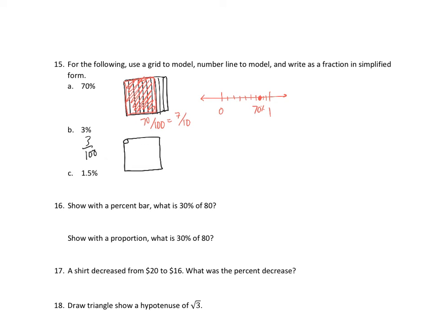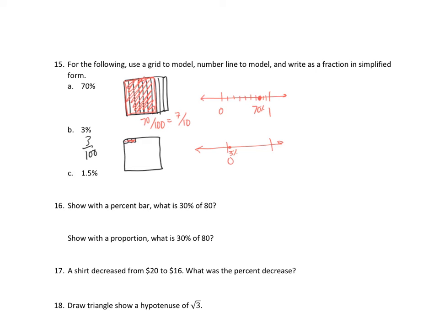So that's just like 3 of the little squares. So imagine all of those squares filled in. We're only talking about those 3. And so then on a number line, that should be teeny tiny. Between 0 and 1, that's like teeny tiny right there. That would be where we would write 3%. So we have the grid, the number line, and we wrote it as a fraction, and it won't simplify.